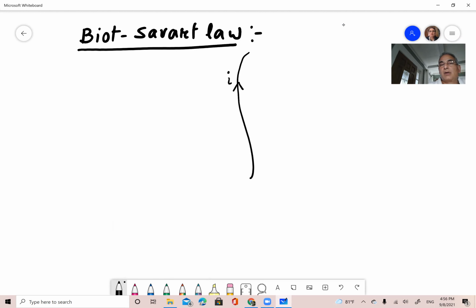This is an arbitrary shaped current carrying conductor carrying a current I. What they did is divide this conductor into infinitely small current carrying elements. Let one such small element be IDL.